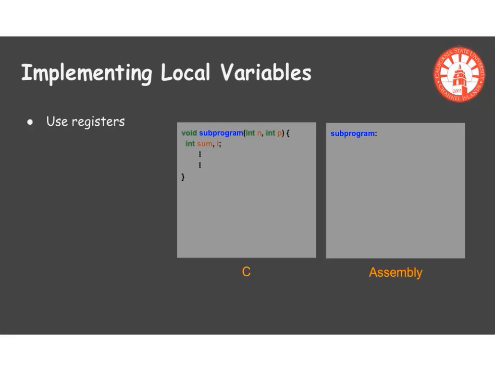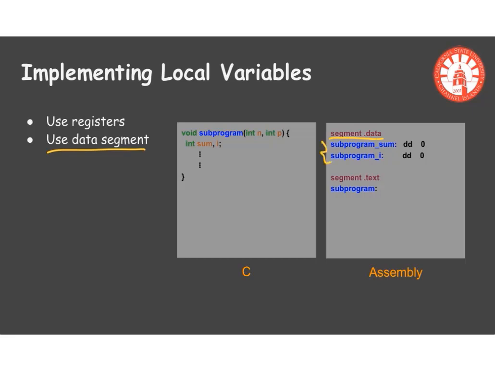In this part of the lecture, we are going to explain how we can implement local variables in assembly. It can be done in different ways. We can use registers, and also we can use the data segment of the code to define our local variables.